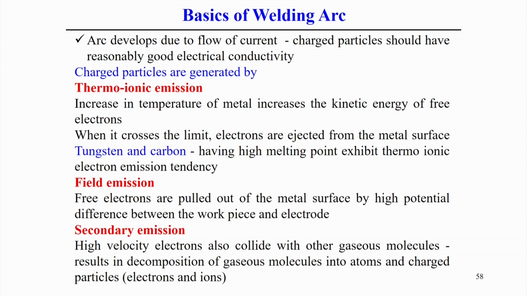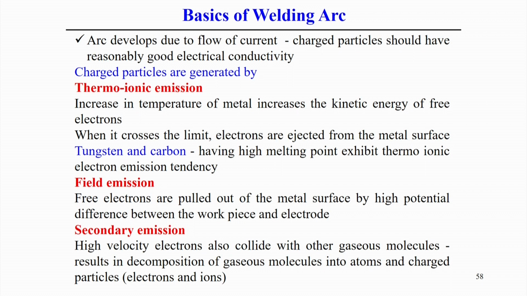The first is thermionic emission. In thermionic emission, if we increase the temperature of a metal sufficiently, the kinetic energy of the free electrons increases, and then they come out from the metal and flow through a potential difference.